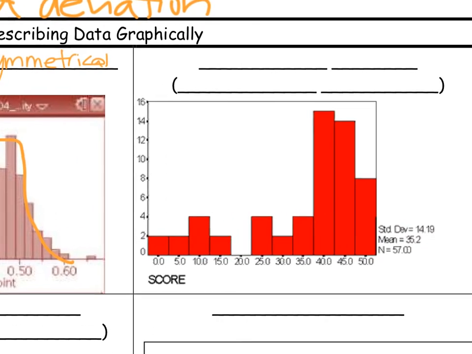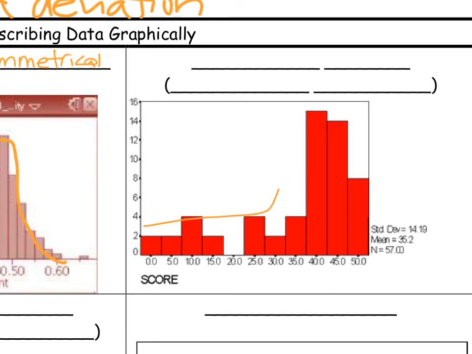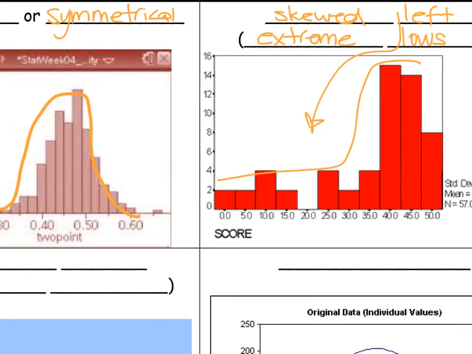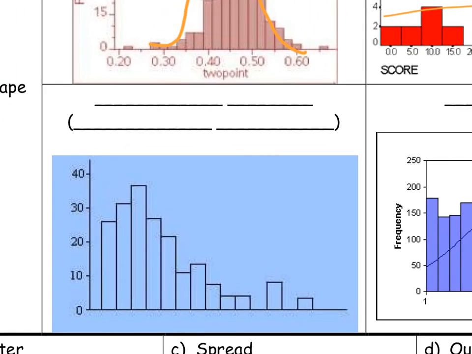So when we have extreme lows, in this case, like we do here, this is extreme lows. We call that skewed data, and this would be skewed left because there are low lefts. So it's skewed left. We can also have data that is skewed right, like this example here. So this data is skewed right.